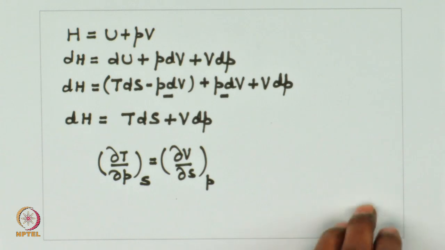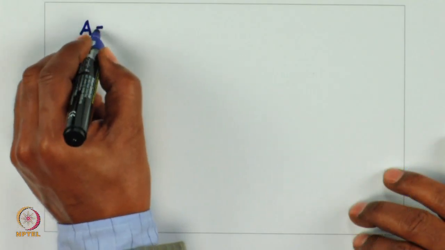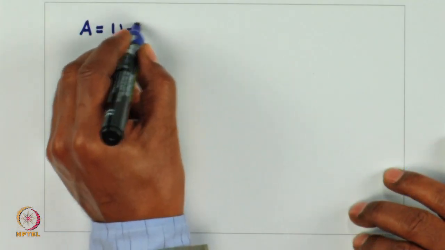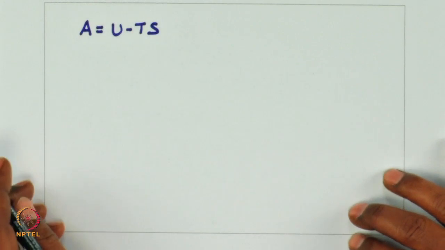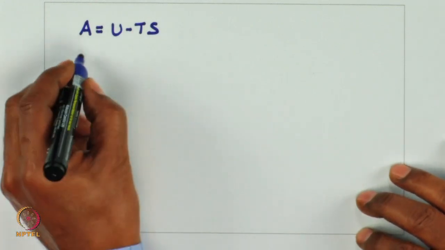Now, let us derive the fourth Maxwell relation, and that we will do by acting on the Helmholtz free energy or Helmholtz function. That is, let us start with A is equal to U minus TS. This is the Helmholtz free energy or Helmholtz function.